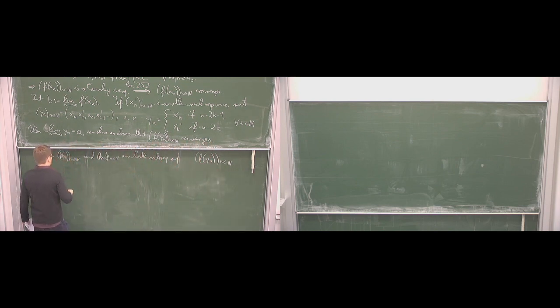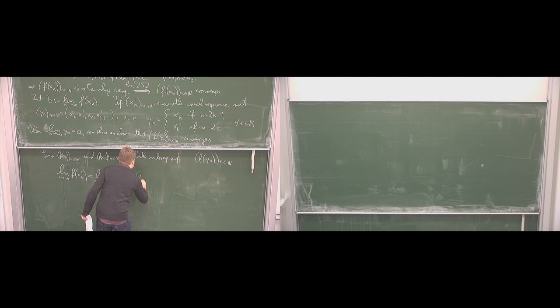So this shows that the limit as n goes to infinity of f(xn prime) must coincide with the limit of f(yn), and now vice versa.